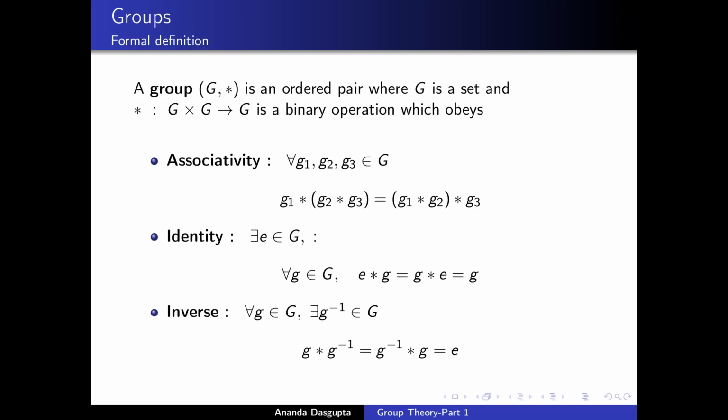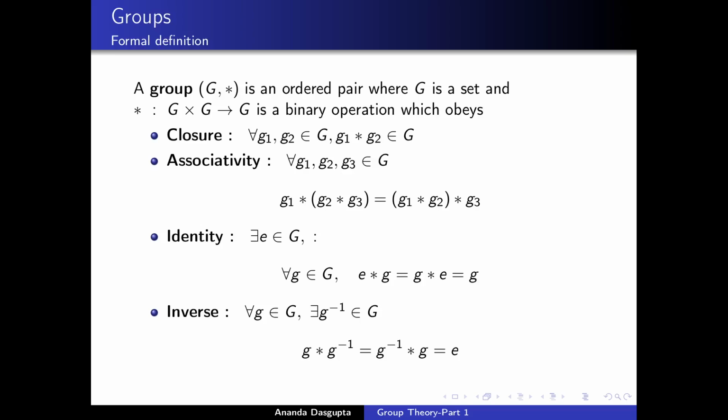Now, those of you who have seen the definition of a group before may feel a bit uneasy at this stage because there's one very important property which I've left out, which is the property of closure, which is for all g1, g2 belonging to capital G, g1 star g2 belongs to capital G. So usually when we talk about properties of the group multiplication law, these are the properties we talk about: closure, associativity, identity, and inverse.